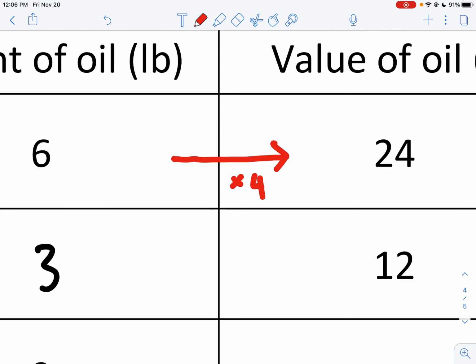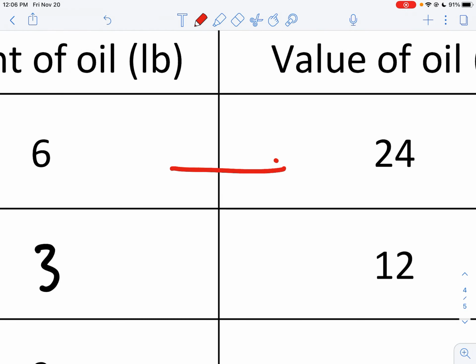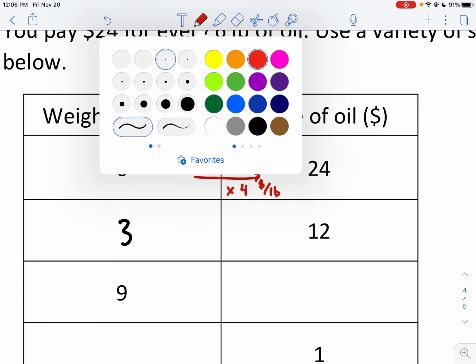I want to be able to write a little bit smaller, so I'm going to change the thickness of this pencil. Okay, so to go this way in the table, we multiply by $4 per pound. So these are the conversion. If you multiply 6 pounds by $4 per pound, I get $24.